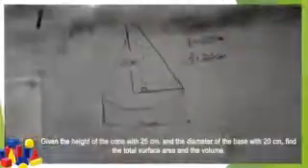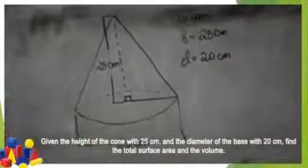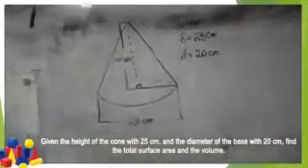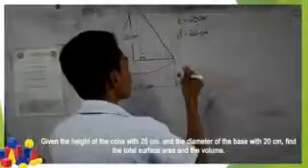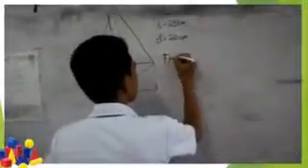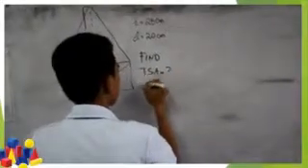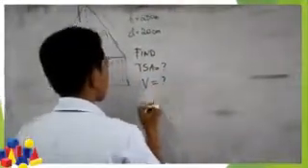After we define the surface area and the volume of a cone, let's cite an example. I have here a figure with a given height equal to 25 cm and the diameter equal to 20 cm. We need to find the total surface area and the volume of the cone.